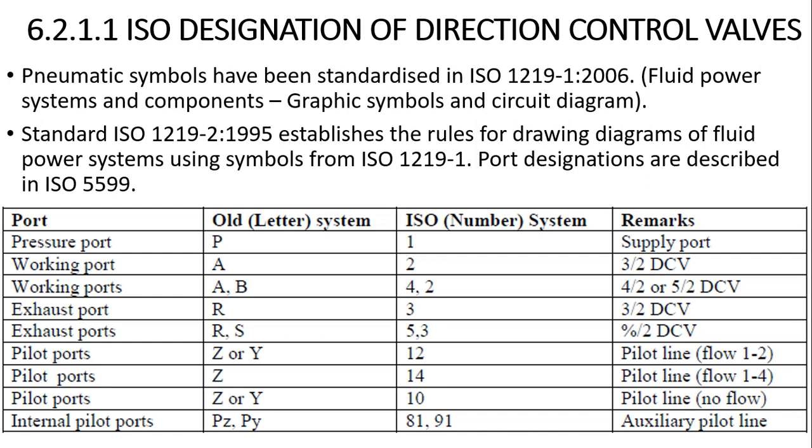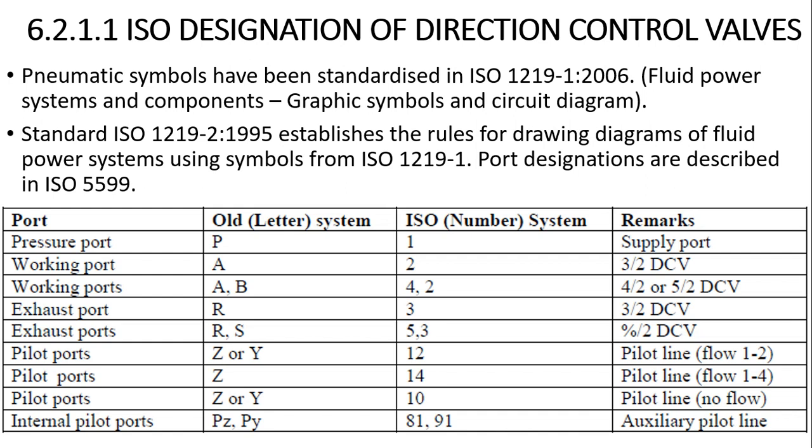Second, the standard ISO 1219-1 1995 established the rules for drawing diagrams of fluid power systems using symbols. From ISO 1219-1, port designations are described in ISO 5599. Some examples are given here.